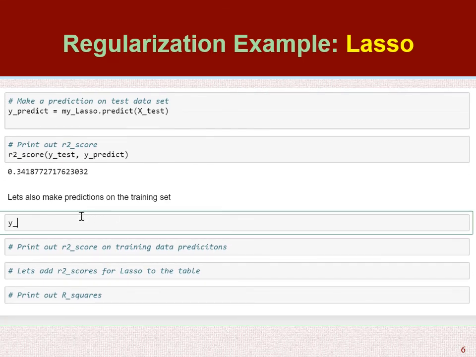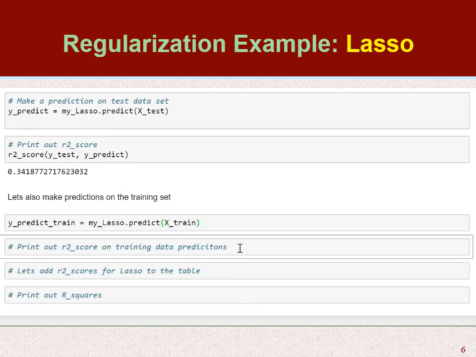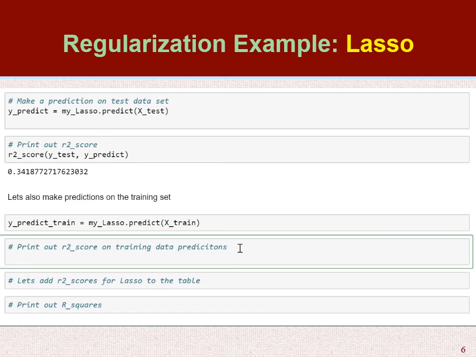I'm going to call it y_predict_train, and then I'm going to call my model to make a prediction on the training data set, X_train, and let's print out the R2 score for y_train and y_predict_train.